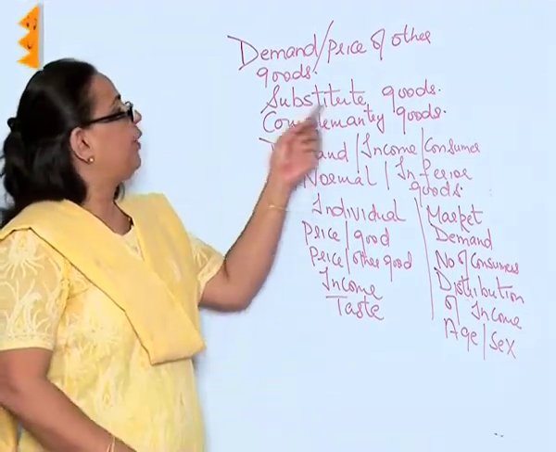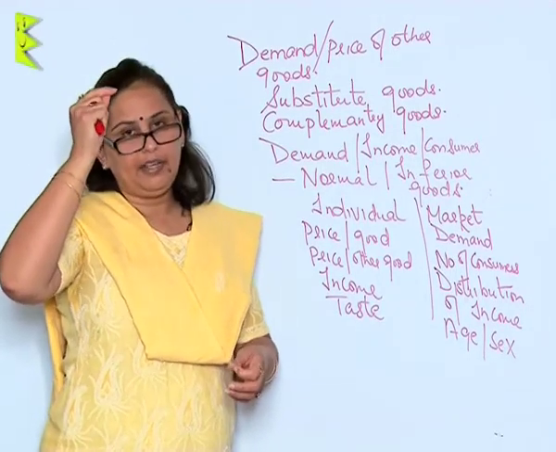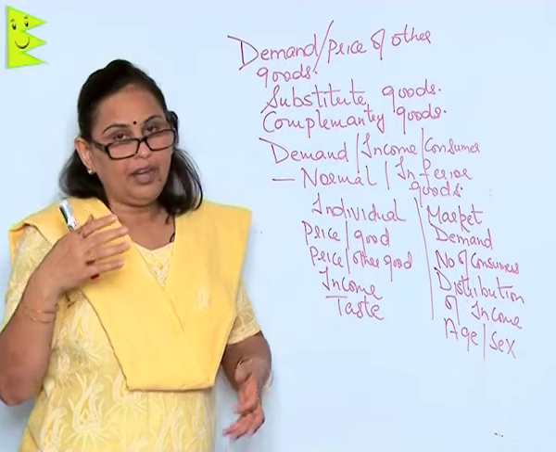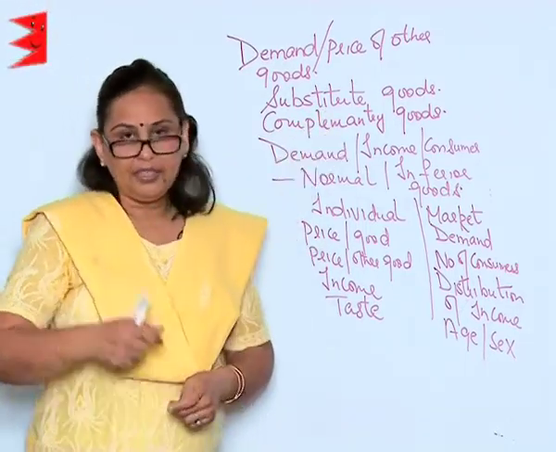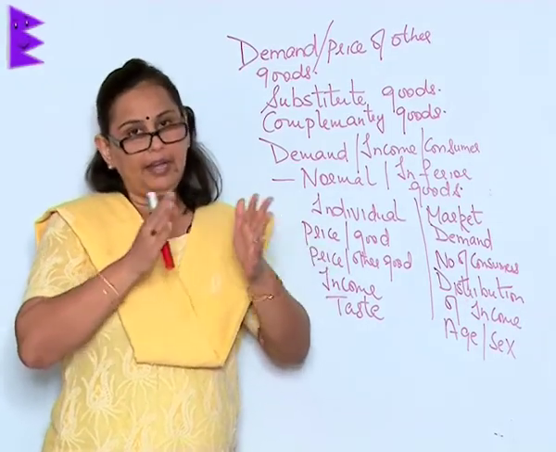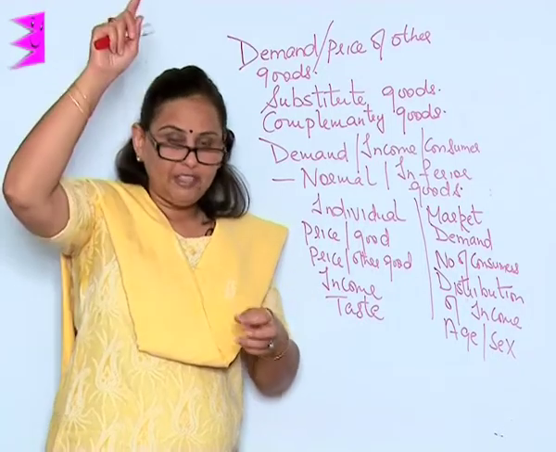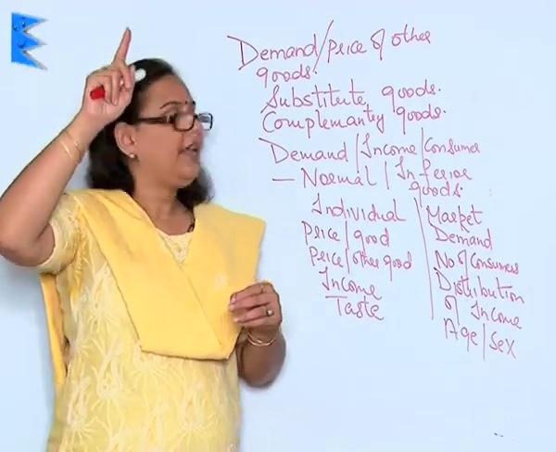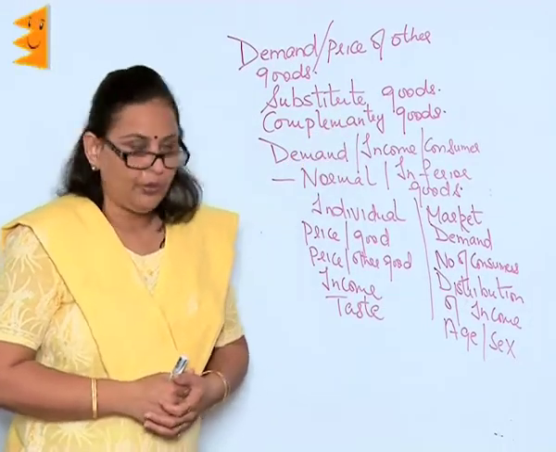So, as I said, when the price of tea increases, I am going to start drinking coffee. So, tea and coffee are substitute goods. Coke and Pepsi are substitute goods. So, when the price of one good is increasing, we are going to make use of the substitute good.